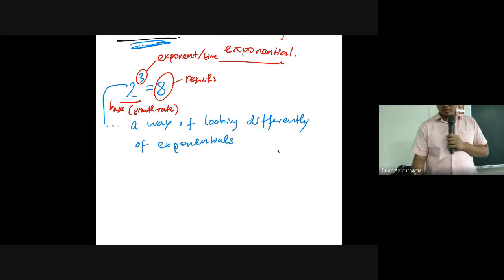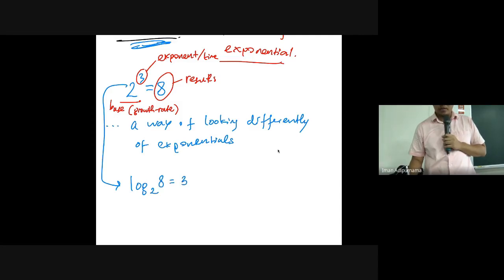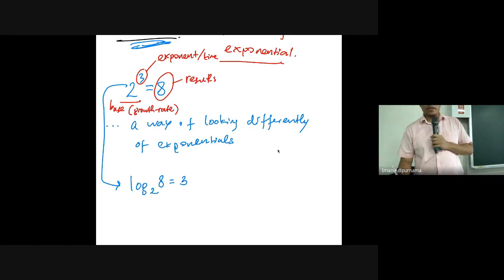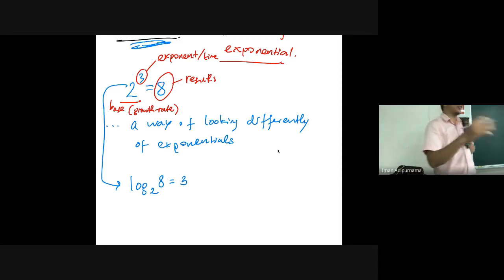So I can write this as logarithm of base 2, and then the result. In exponent, we are indexing some power and seeing the result. In log, we want to know the exponent. So you can pretty much say it's an inverse, from here to here, and we have the tool called log.